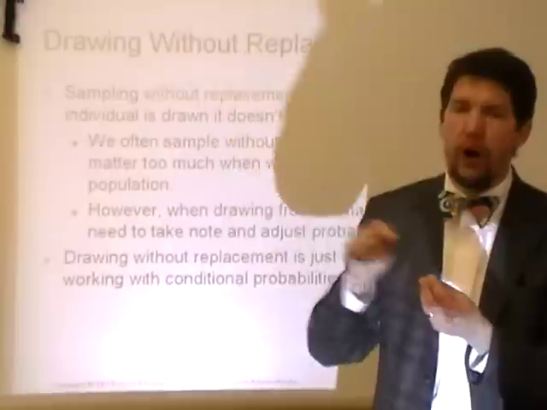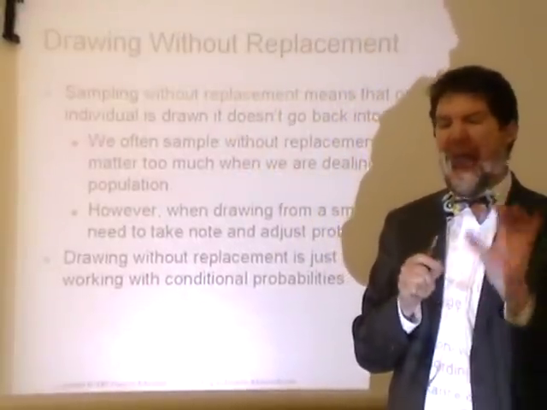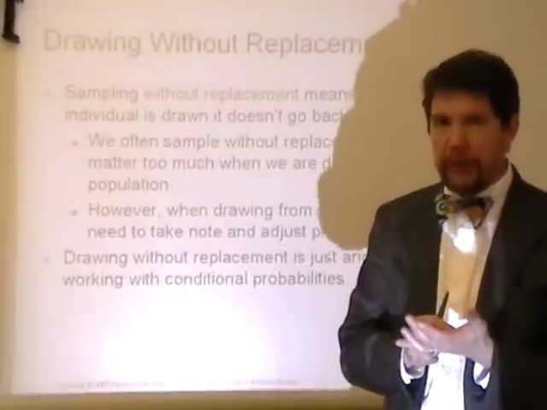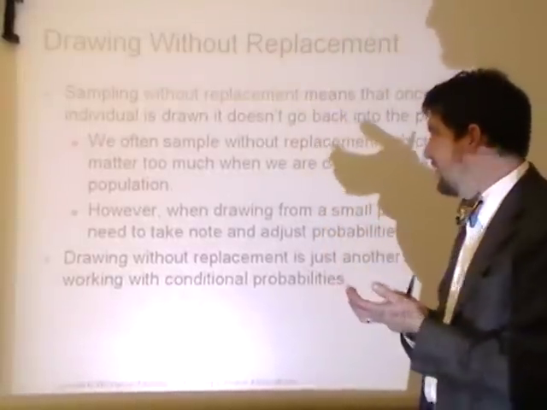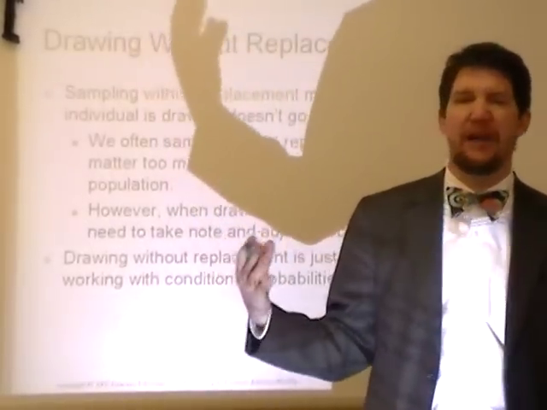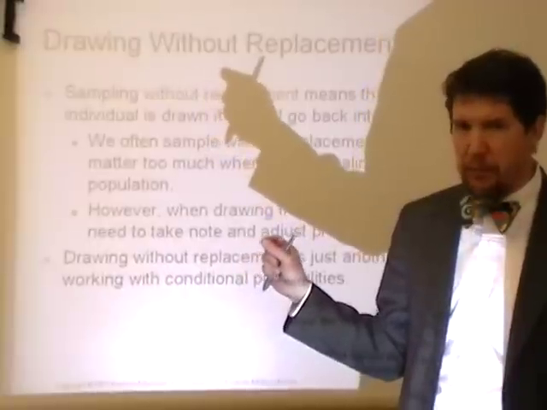Because if I pull one blue M&M, unless I know how many M&Ms there are and what the breakdown of the distribution is, I don't know how the probabilities are going to change. If you are given percents, as we said back in the day of sampling, you have to assume that you have the infinite auditorium-sized bag of M&Ms. And if you pull out one blue M&M, it's not changing the probability.